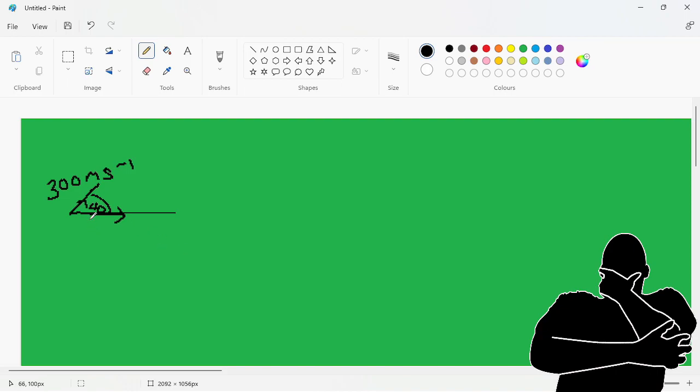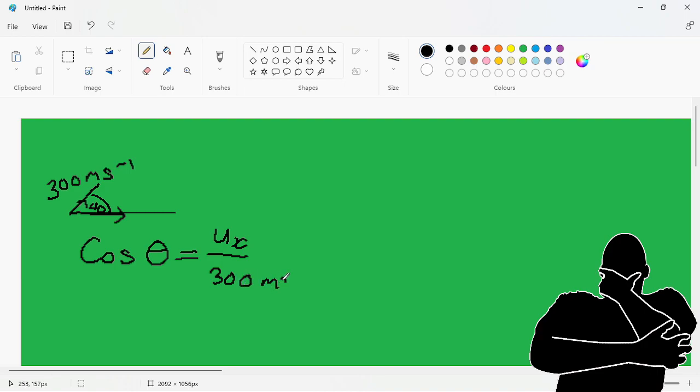We have an angle and we have two sides, and this can form a right angle triangle if I put a line here. So basically you have an angle, the hypotenuse, and the adjacent. Cos theta is equivalent to the adjacent side, which in this instance would be the initial horizontal component, over the hypotenuse, which would be 300.